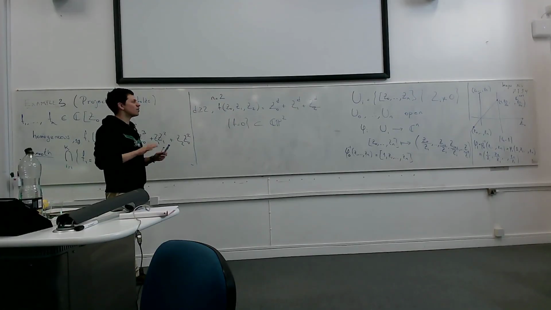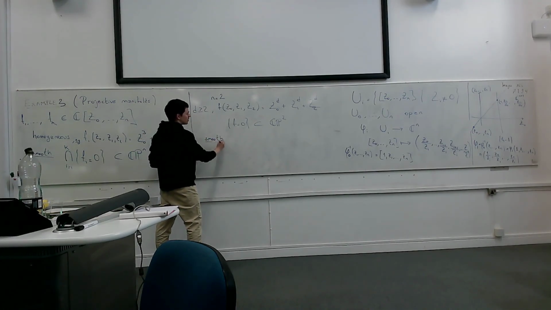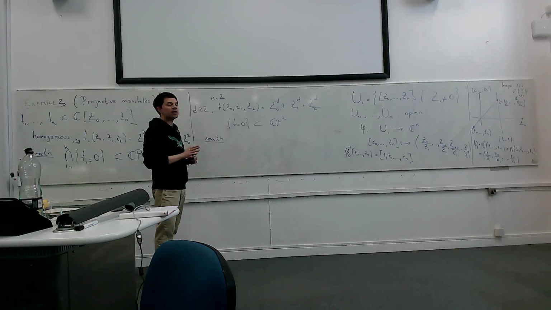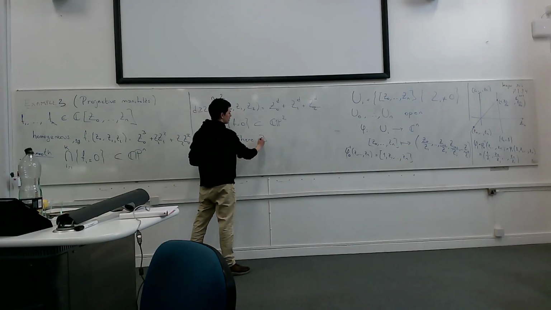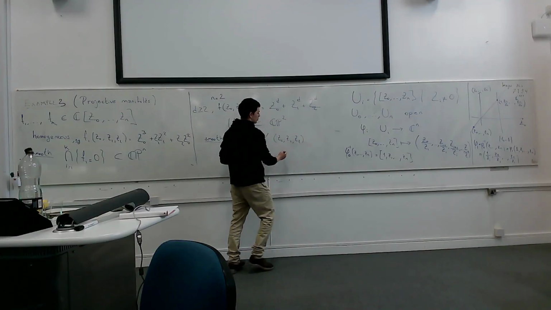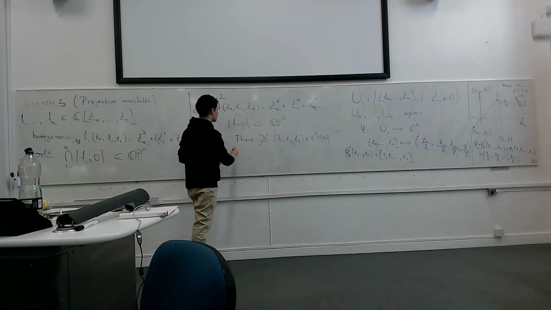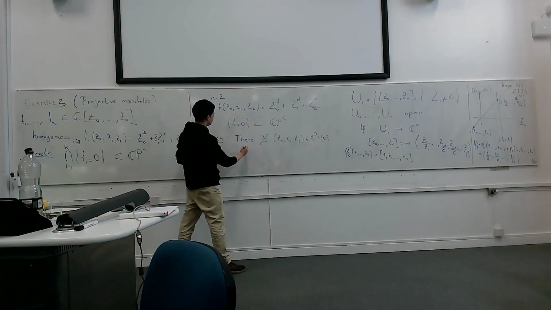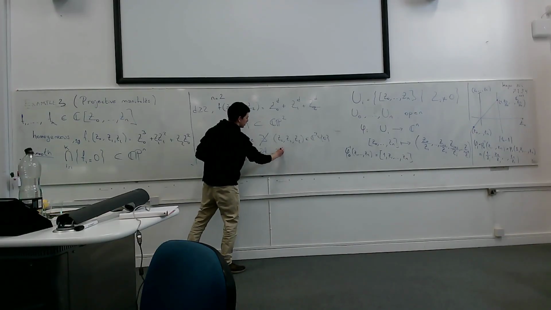In this case, the smooth condition is that 0 is a regular value: there exists no point Z0, Z1, Z2 in C3 minus the origin such that all the partial derivatives vanish, the partial of f with respect to Z0, with respect to Z1, and so on.